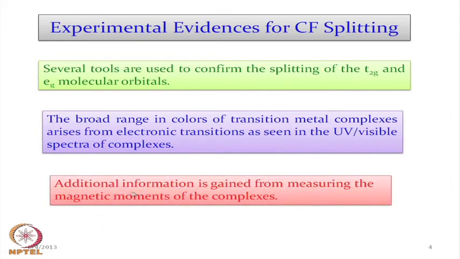And lastly, what we will see next is that additional information we can have by measuring the corresponding magnetic moments of the complexes.